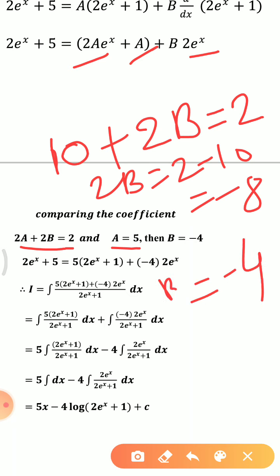That means the value of b is equal to minus 4 here, that is a is equal to 5 and b is equal to minus 4 here. Okay. Next we have to put the values of a and b.